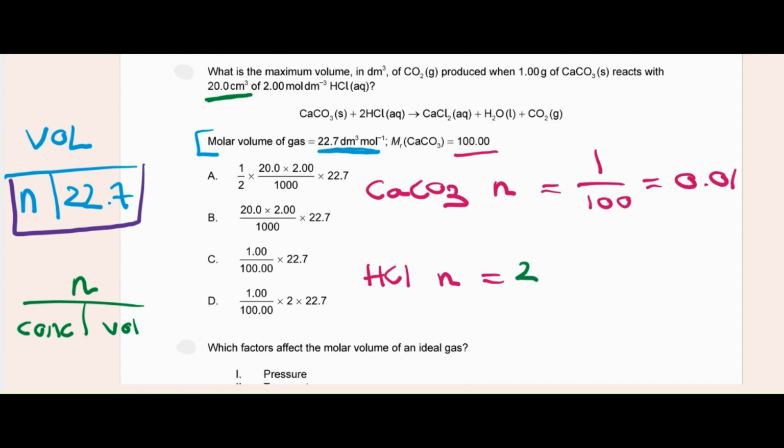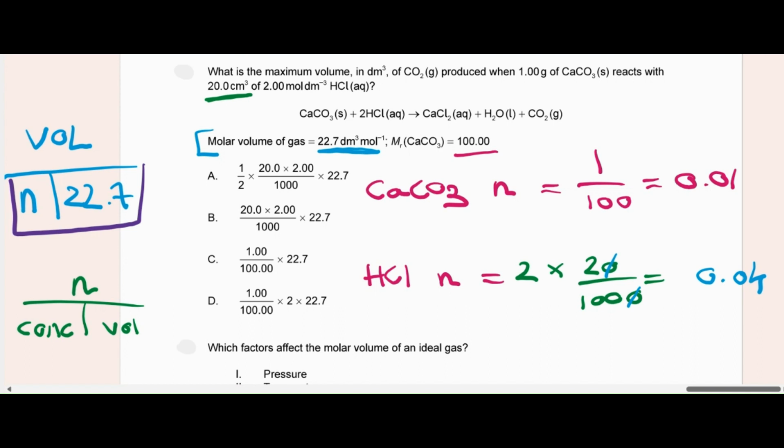So then we end up with 2 times 20 divided by 1,000. You'll have to do this without a calculator, so let's just try and work it out. Let's cancel those zeros. 2 divided by 100, 0.02. But because we're timesing it by 2, it will be 0.04.